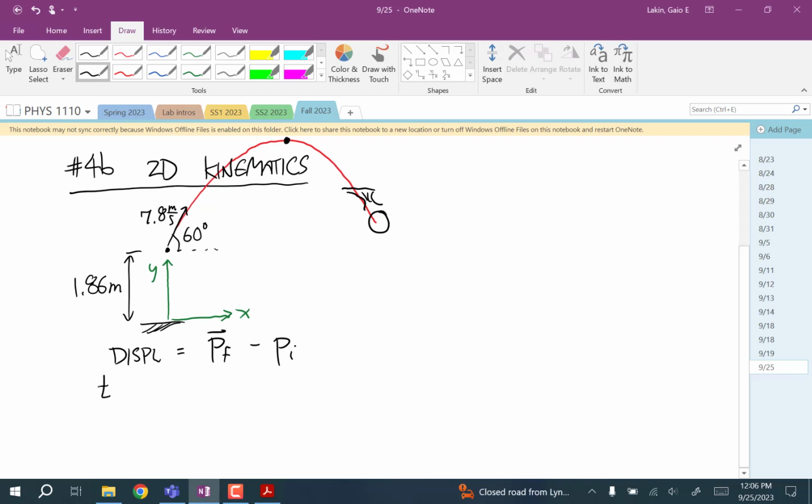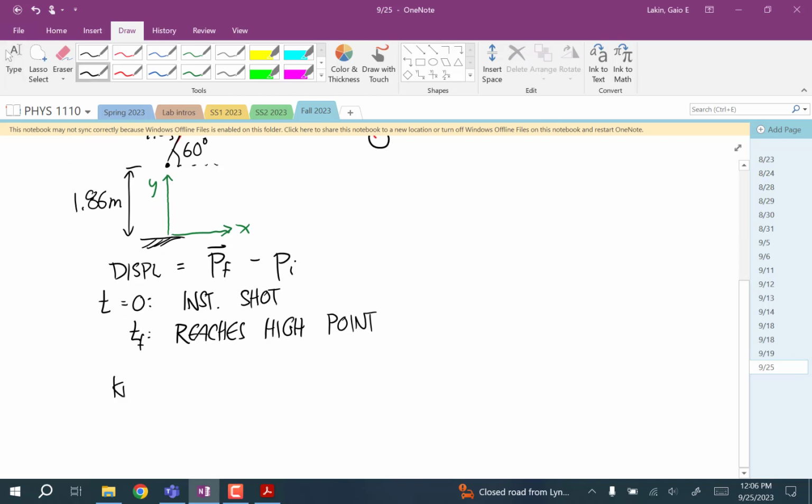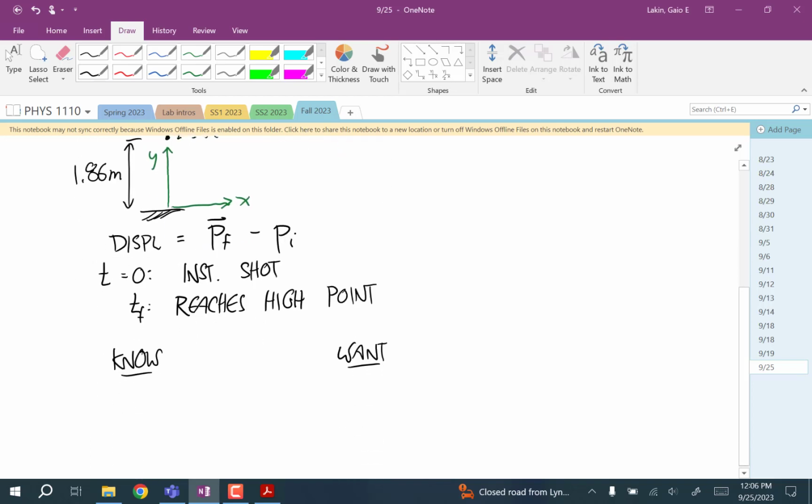Okay, so our time equals 0 instant is going to be the instant that it's thrown, that it's shot. And our time final is going to be when it reaches the highest point. We don't know how long it takes.